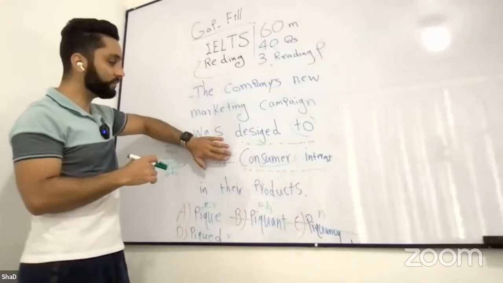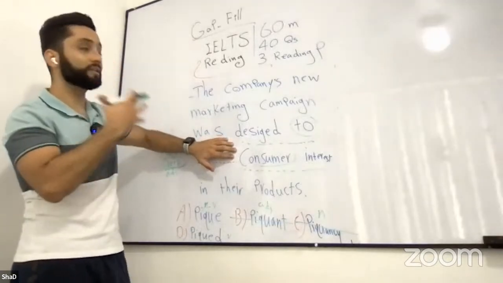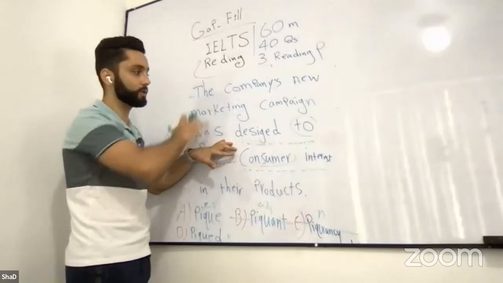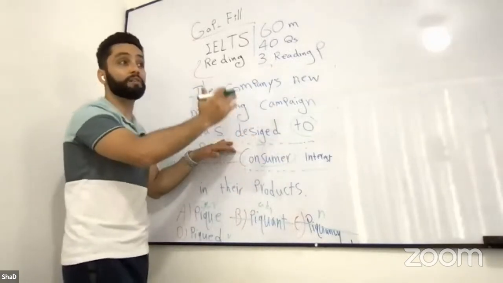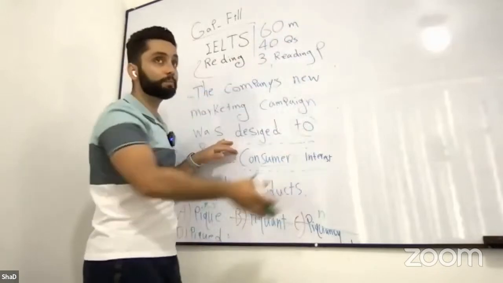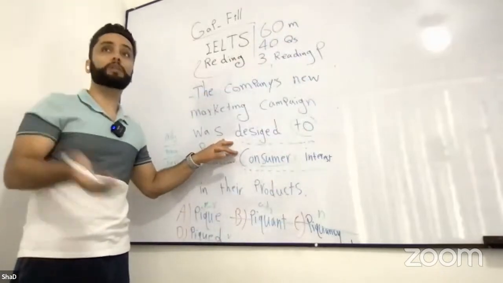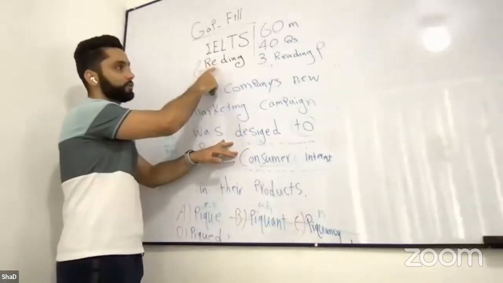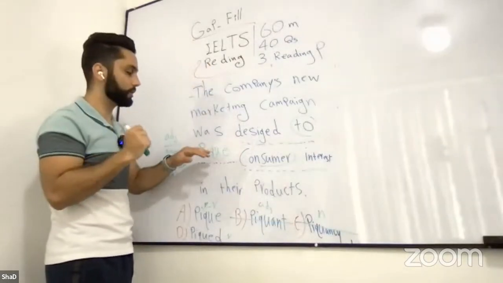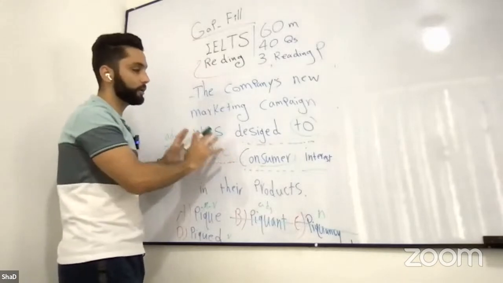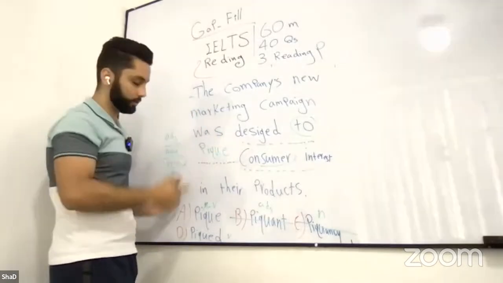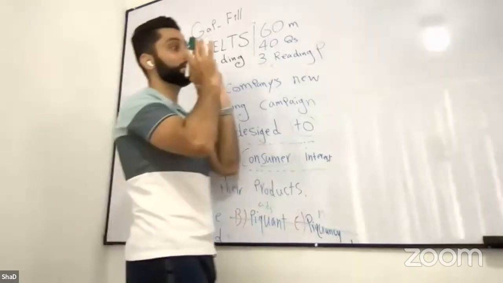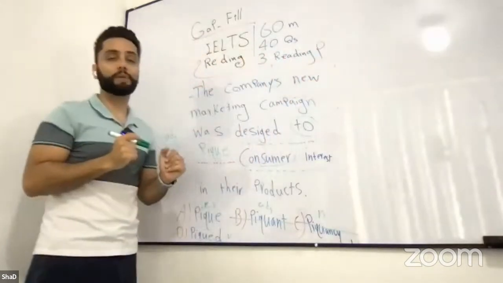So without even having a word inside, I can tell what kind of word I need in the gap by just reading this. If I have a reading passage, that would make my job even easier because it gives you an idea. In the case of IELTS reading, one thing I want to tell you is that the word you write here must be either in the list of words that you have or directly from the reading passage.